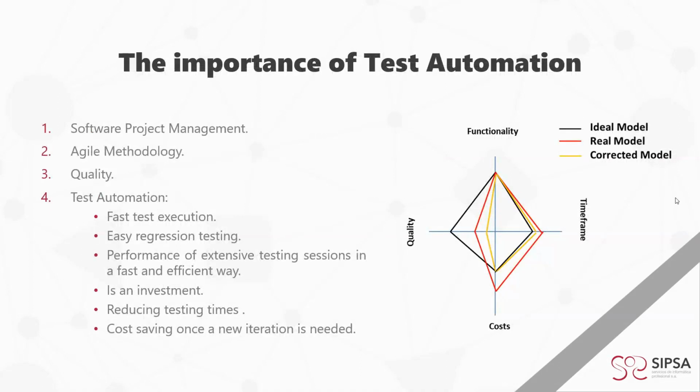Well, let's start saying that in every software project, there are 4 variables that will determine the success of this project: functionality, time frame, costs, and quality. These factors are highly dependent on each other, and the organization must decide which factor is more important, thus determining the value of the rest.